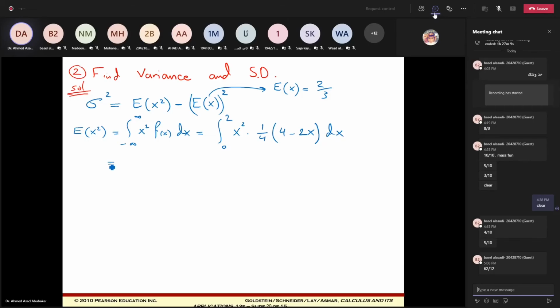After simplifying, we have the integral from 0 to 2, x square over 4 multiply 4, we have x square, over 4 multiply negative 2x, we have x to the power 3 over 2 dx. After integration, we have x to the power 3 over 3 minus x to the power 4 over 4 multiply 2, 8. This is from 0 to 2.